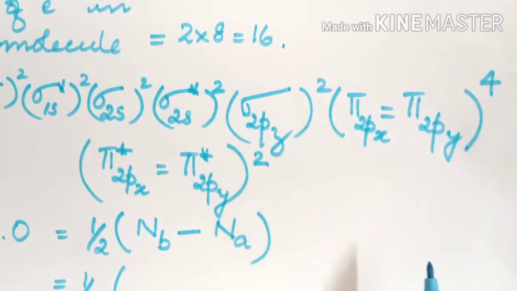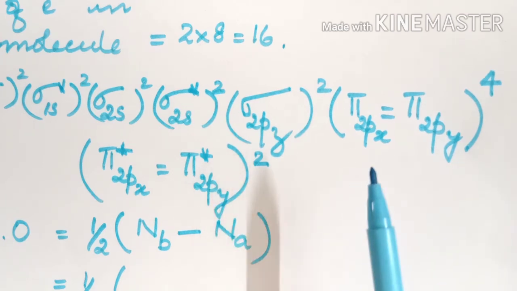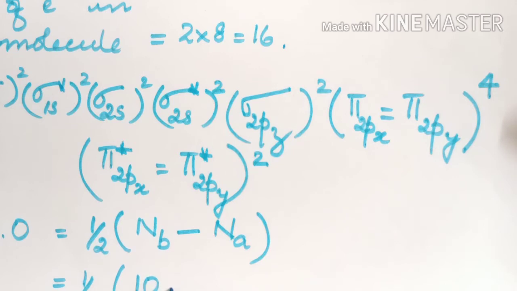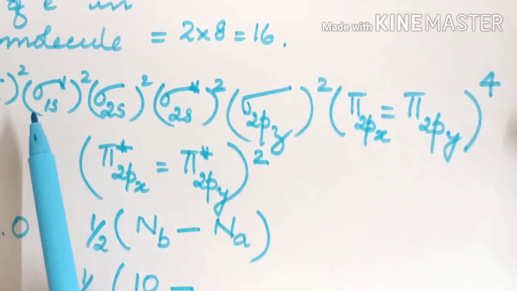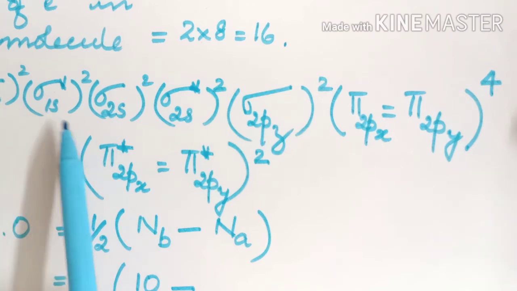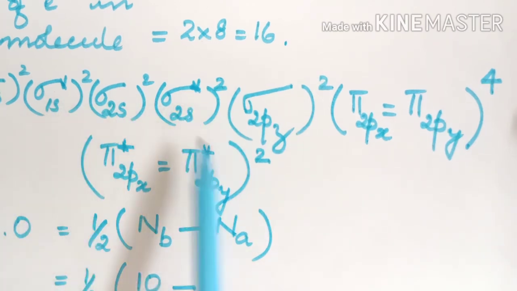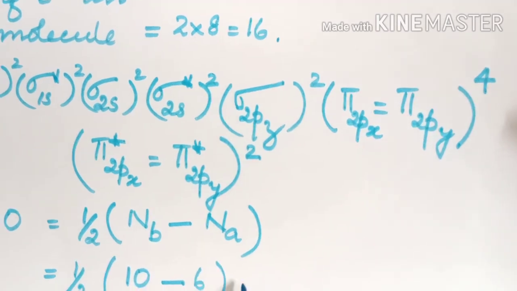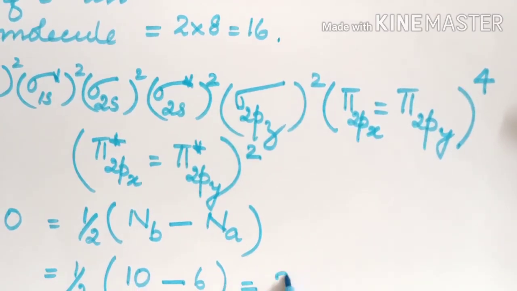A total of 5 bonding orbitals are there, due to which the maximum capacity becomes 10, minus the total number of electrons present in the antibonding. So you have 2 plus 2 plus 2, a total of 6 electrons, which will amount to a value which is 2.